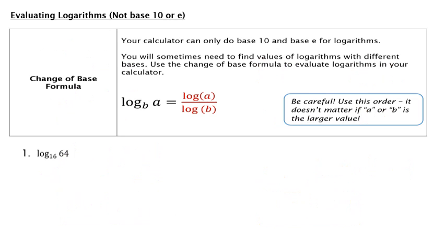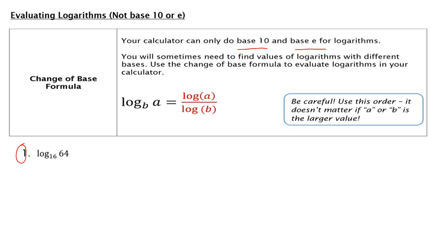The second part of this lesson is something called the base change formula. So basically our calculator can only do base 10 or the natural log, base e. So what happens when we have something like, let's say example 1, where it's the log of 64 base 16, right? Where it's something that's not a 10 or an e.